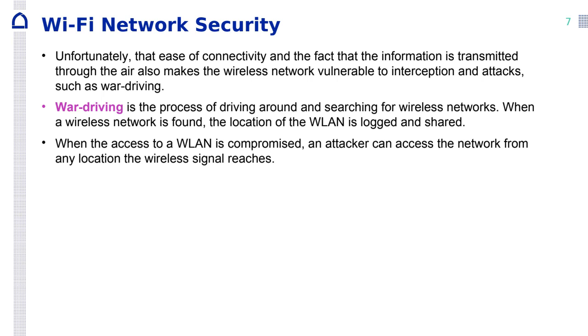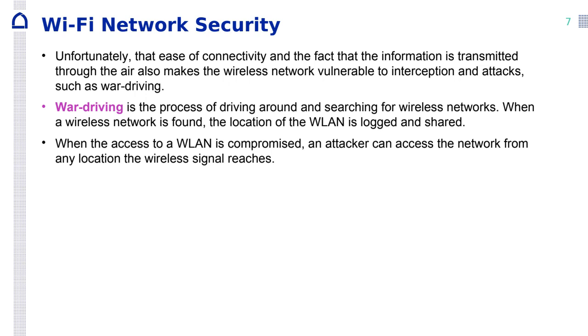So what is war driving? Someone drives by in the neighborhood and tries to find which access point is not secured, to try to hack into it. We call this war driving. Sometimes you even see people just sitting behind a building using the internet.